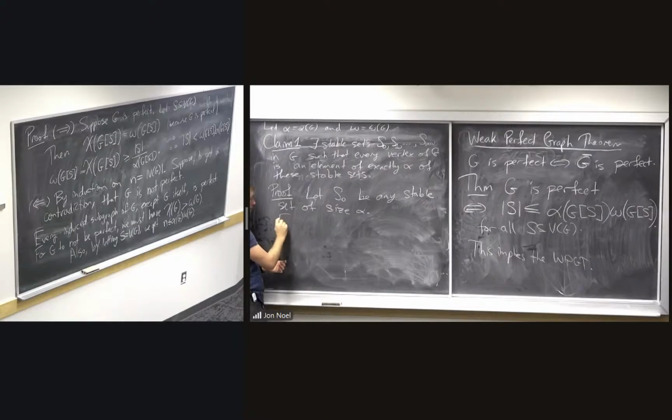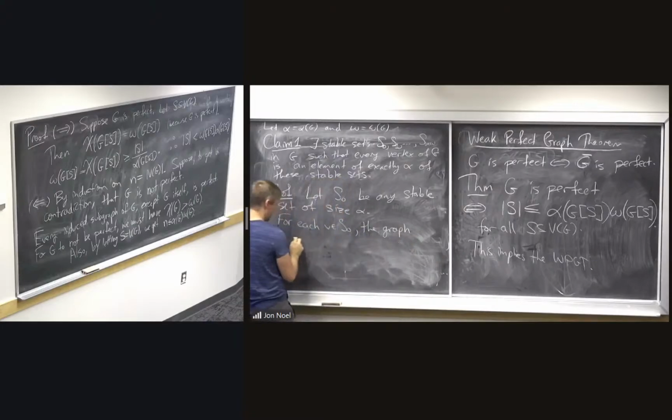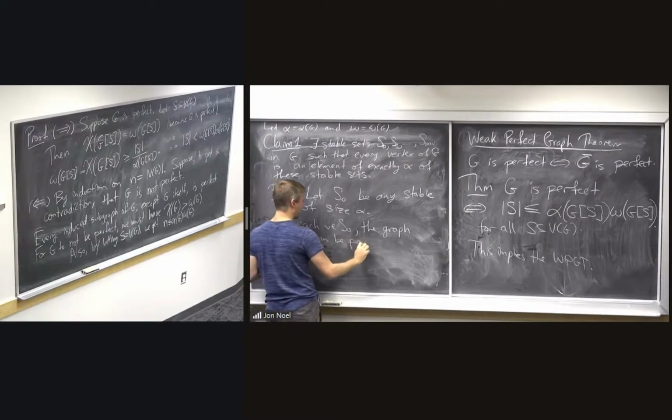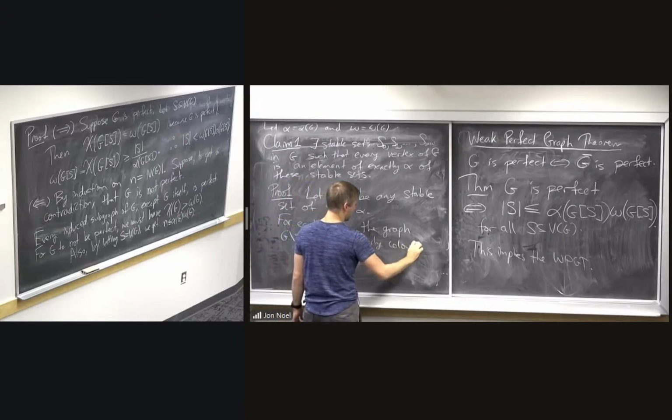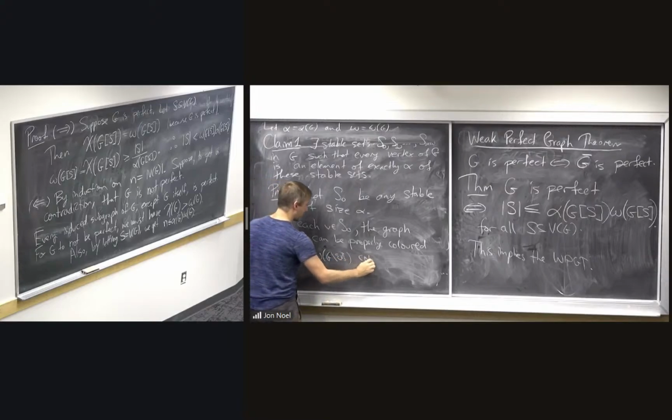Now, for each vertex V in S naught, if I take G and delete V from the graph, this is an induced subgraph, the subgraph induced by the set of vertices except for V. So this graph can be properly colored with omega of G take away V colors, which, by the way, is at most omega.